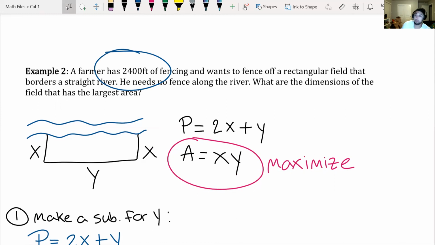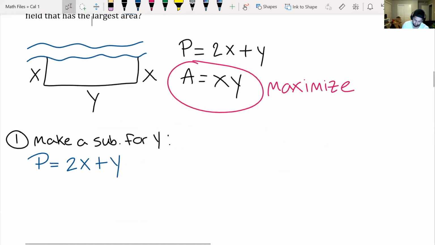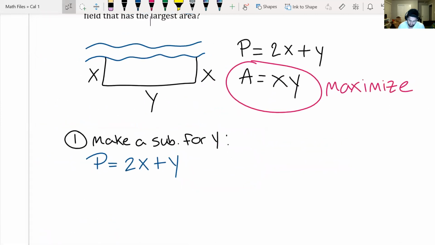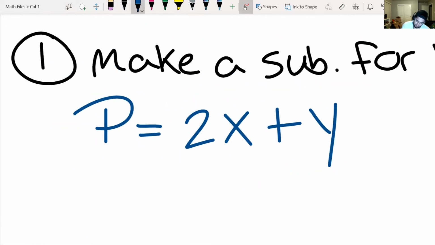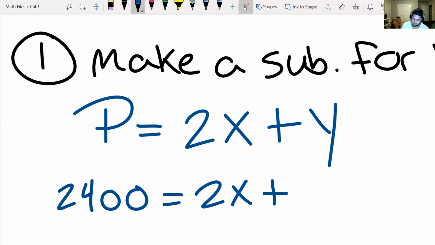So that's what we're going to plug in for P. So 2,400 is going to equal 2x plus y. Now all we have to do is solve for y.